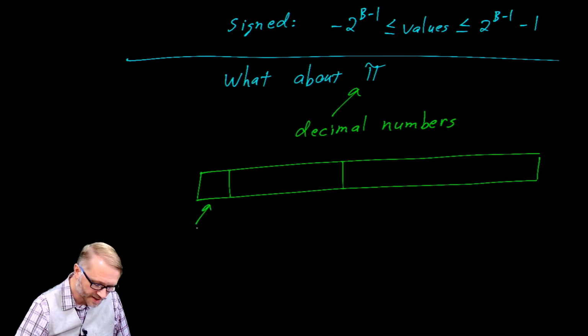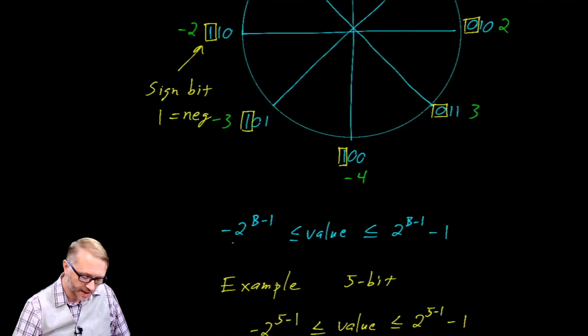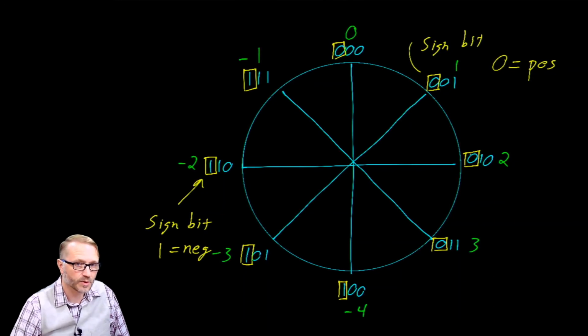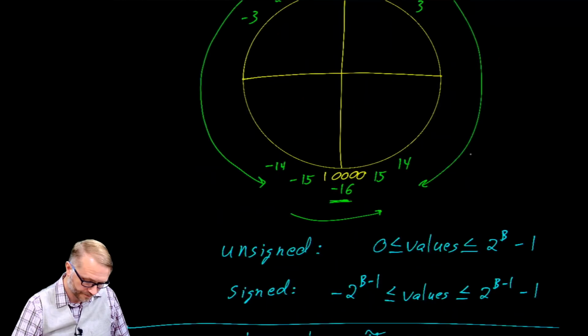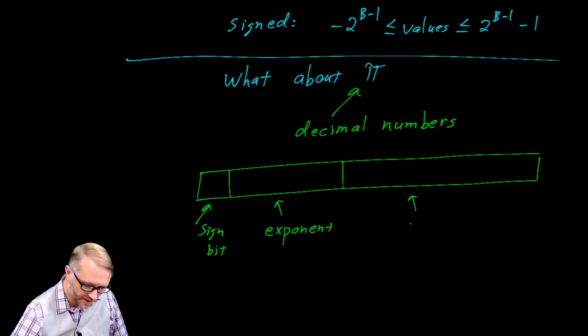The first is the sign bit, which is no different than what we did up here, where we said the first bit determined whether the number was positive or negative. The next section is the exponent, and the next part is the fractional piece of the number.